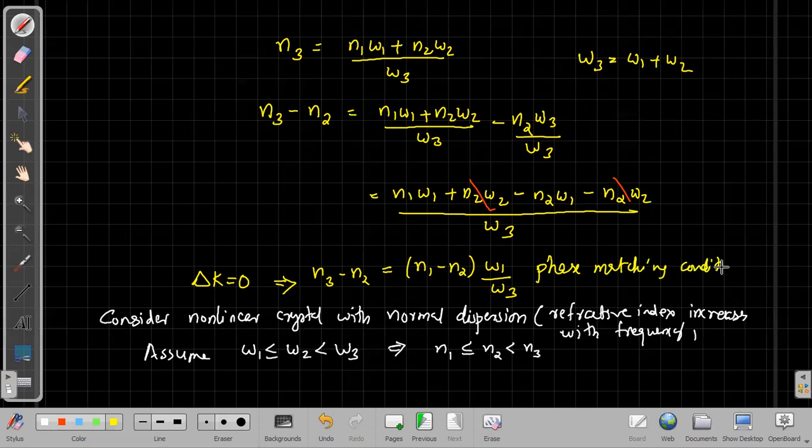We can just analyze our phase matching condition. If you look at the left hand side of the phase matching condition, this is n3 minus n2. Now n3 must be greater than n2, therefore n3 minus n2 must be positive.